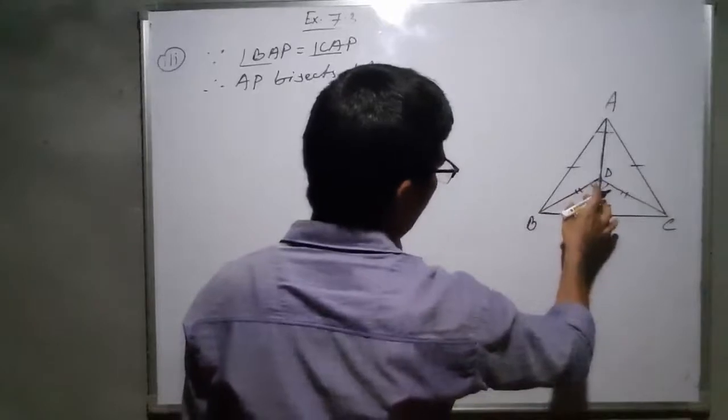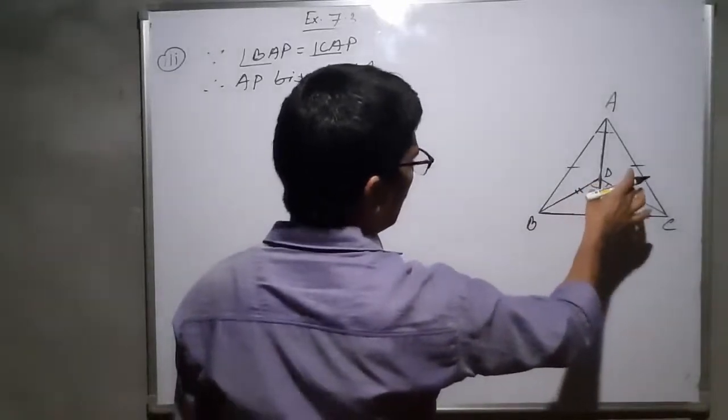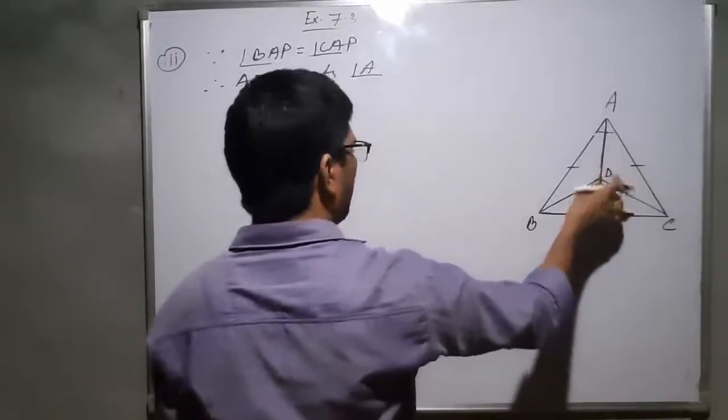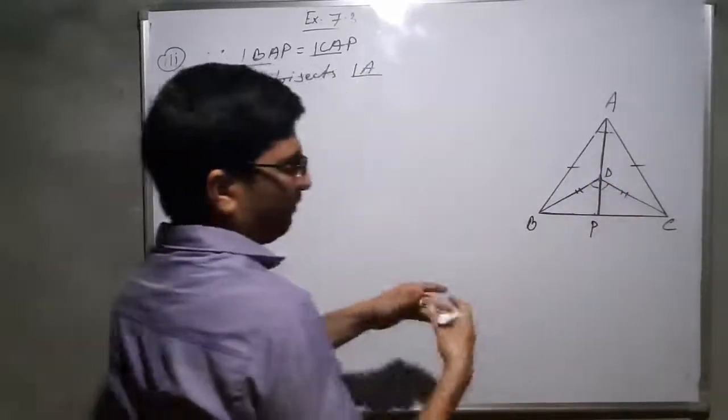To prove that, we have to prove these two triangles are congruent. Or you can apply the exterior angle property also. That way also you can do, but congruence is very easy for you.